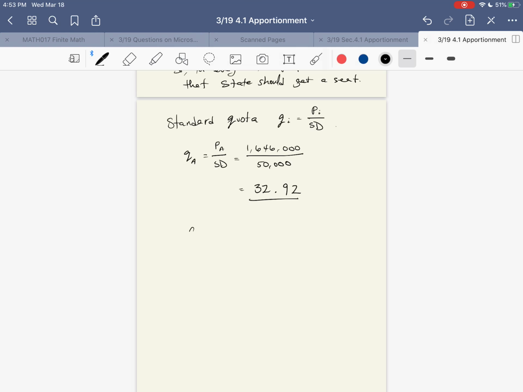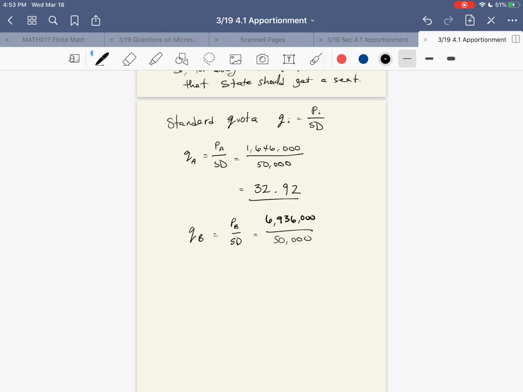So now the quota for state B is going to be the population of state B divided by the standard divisor. I'm going to divide that by 50,000 again, because remember, the standard divisor doesn't change. Once you calculate it once, you're done.